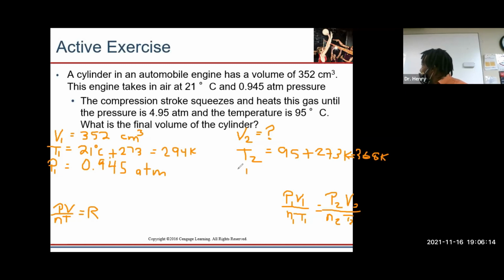Okay, and then our P2. Okay. So what equation are we going to use? equals P2.